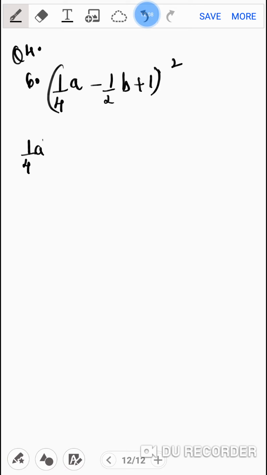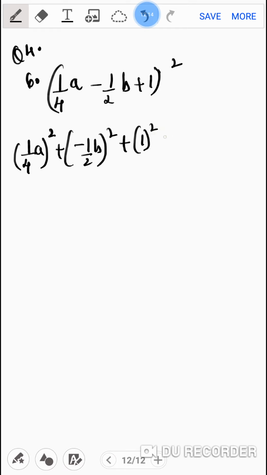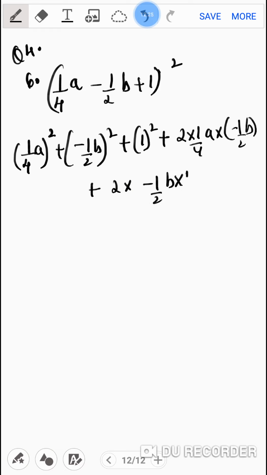First term square plus second term square plus third term square plus 2 into first term into second term plus 2 into second term into third term plus 2 into third term into first term. Clear? First with second, second with third and third with first.